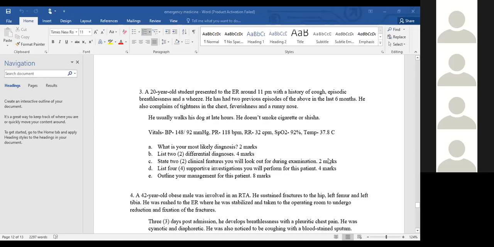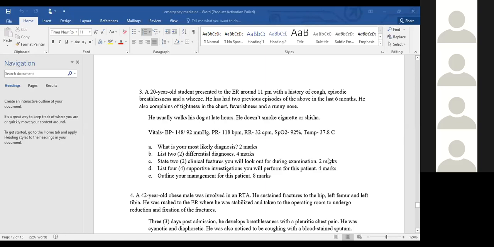Okay, so you say bronchial asthma. I agree. What do you think has triggered this bronchial asthma? You're telling me the fur and probably the cold environment. What else in the history can point to a trigger apart from the fur and the cold environment?